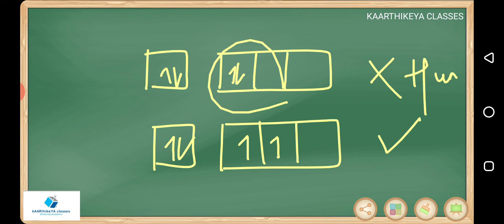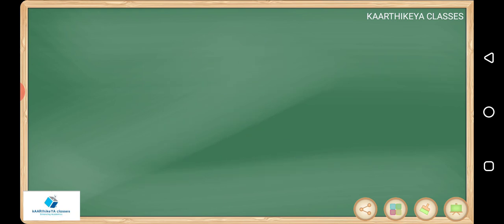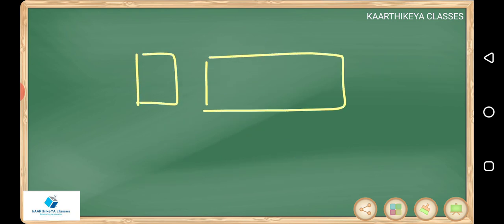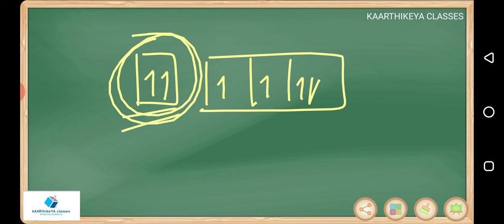One by one they are coming, and again no pairing is taking place. Maximum 2 electrons are there. So it is following all the rules. Look at this. Here you see 2 electrons are there, but both have the same spin. Same spin is not accepted.